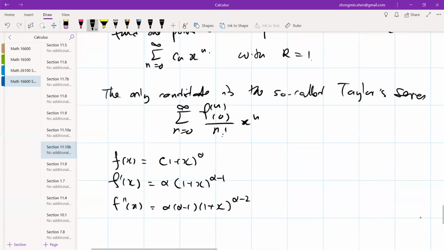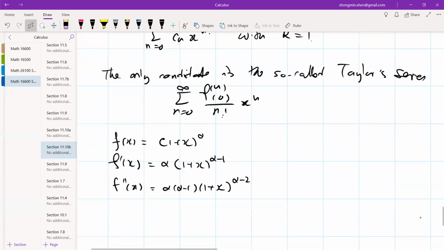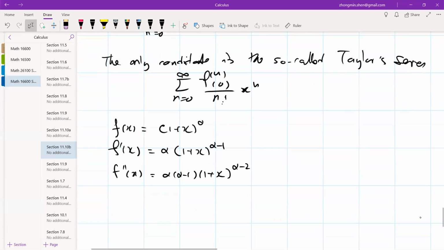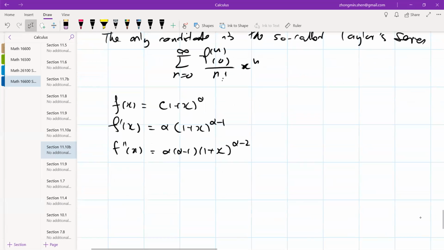Sometimes you have to stop, because you're going to get 0 if alpha is some positive integer. Otherwise, it continues forever.